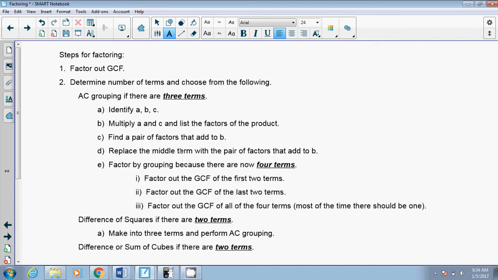You'll replace the middle term of your trinomial with the pair of factors that you identified in part C, and then you want to factor by grouping. Factor by grouping is what we learned about in the last section. So all these sections tie together very closely. Factor by grouping, again, here's the steps of how to do that, but we'll look at the process in more detail as we get to it.